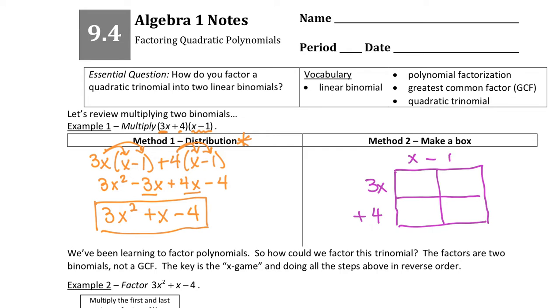Let's fill in my box. 3x times x is 3x squared. 3x times negative 1 is negative 3x. 4 times x is 4x. And 4 times negative 1 is negative 4. Across my diagonal are my like terms: 3x squared, negative 3x plus 4x leaves me with just an x, and minus 4. You can see I got the same answer for both methods.